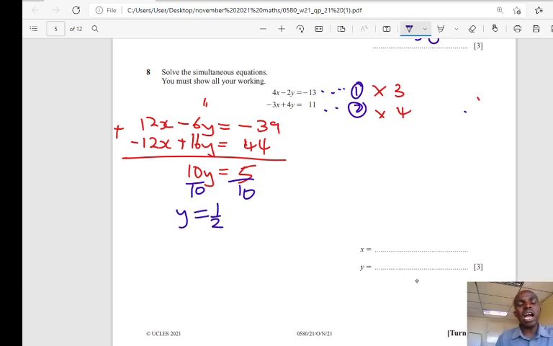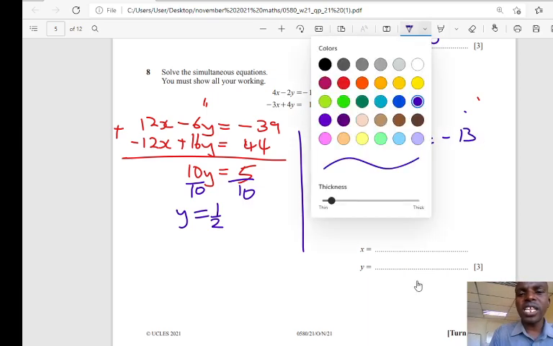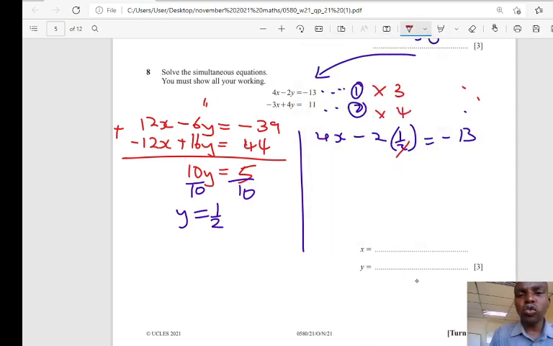After finding y is a half, you substitute to find x in the original equation, any one of the two. I can choose equation 1. So it will be 4x minus 2, where there's y, I put a half here, equals negative 13. Then the 2s cancel out.